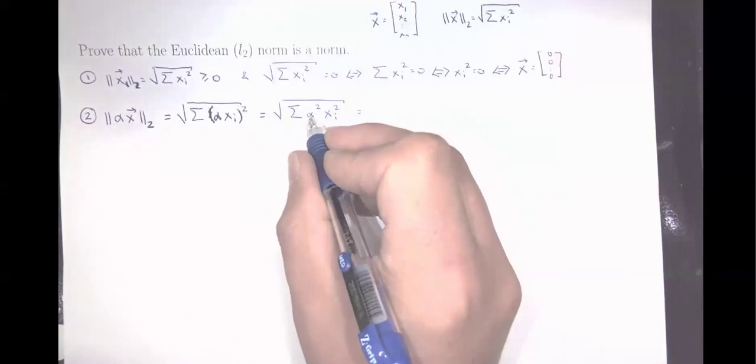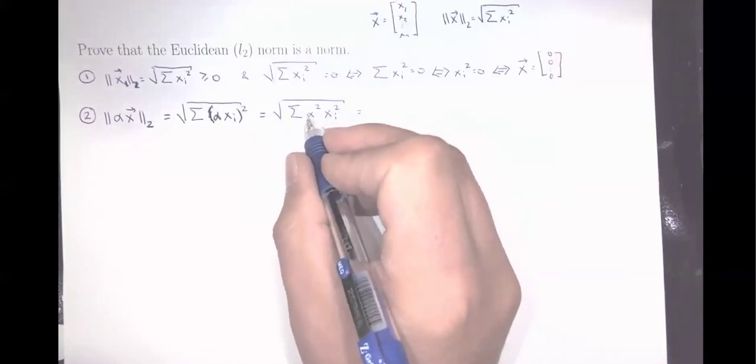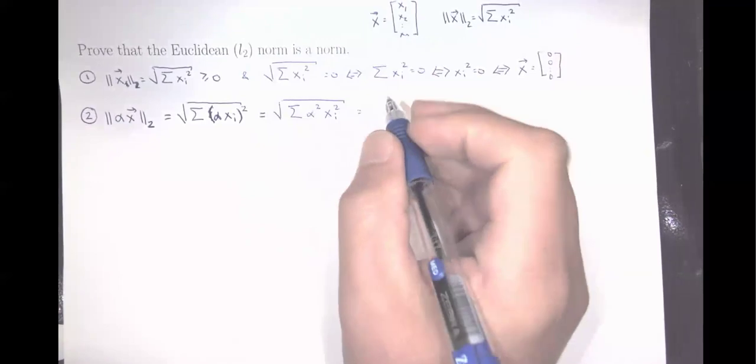So that's alpha squared times x1 squared plus alpha squared times x2 squared, and so on.